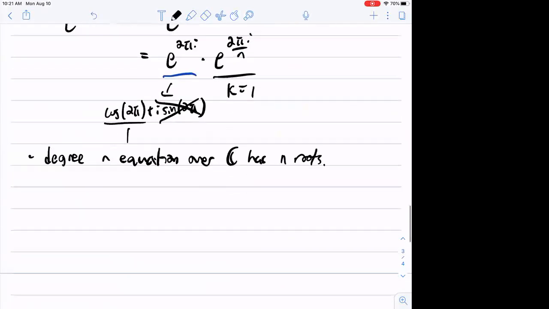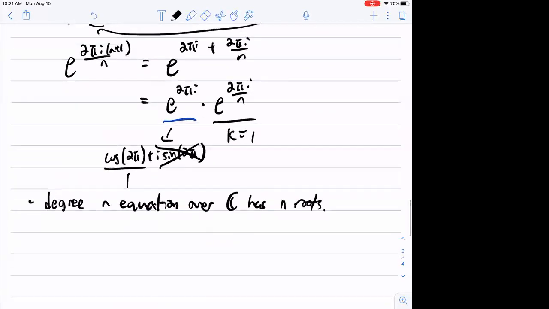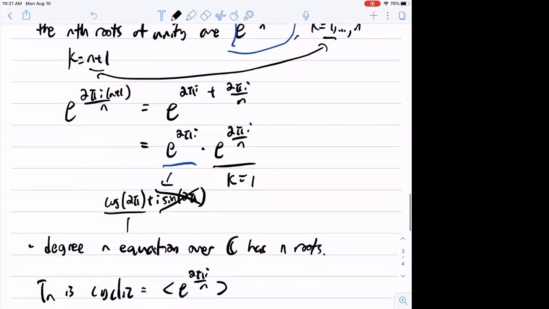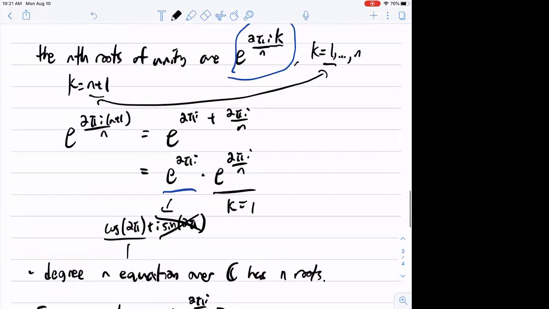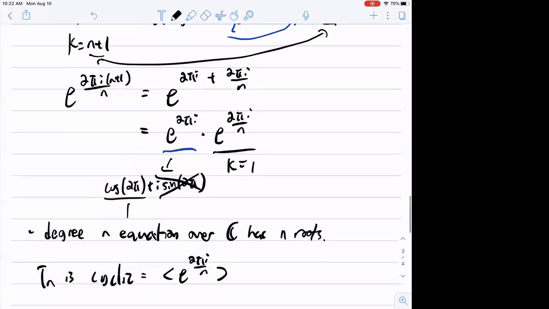And so from here, this group is cyclic. So Tn is cyclic. It's generated by, hopefully it's clear, e to the 2 pi i over n, when k is 1. If you take powers of it, that's when you vary k: the square is when k is 2, the cube of this element is when k is 3, and so on.